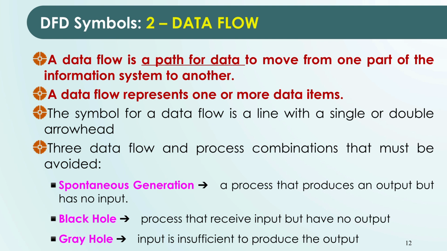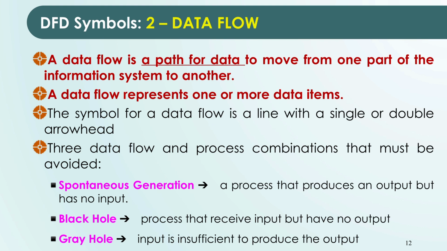As I said before, one process must have at least one input and one output. The second combination that you cannot do is the black hole, the situation where the process receives input but has no output. The process receives input but does not produce the output, so it is called a black hole.